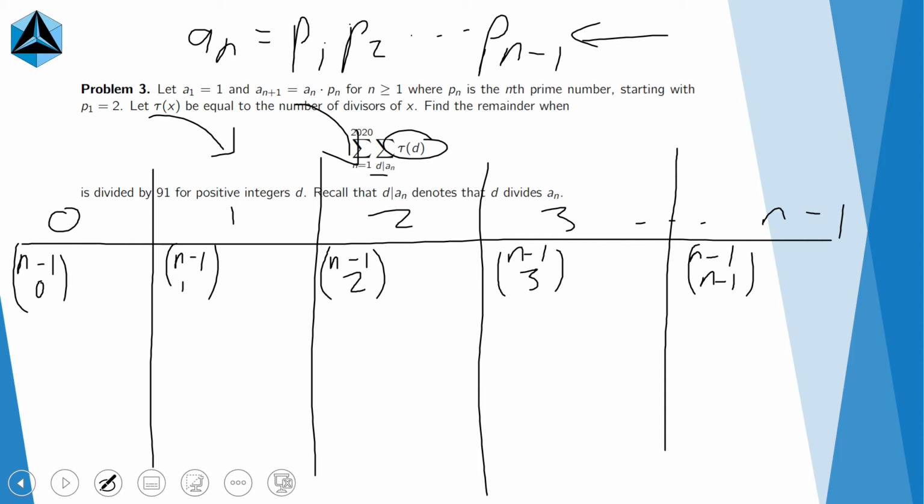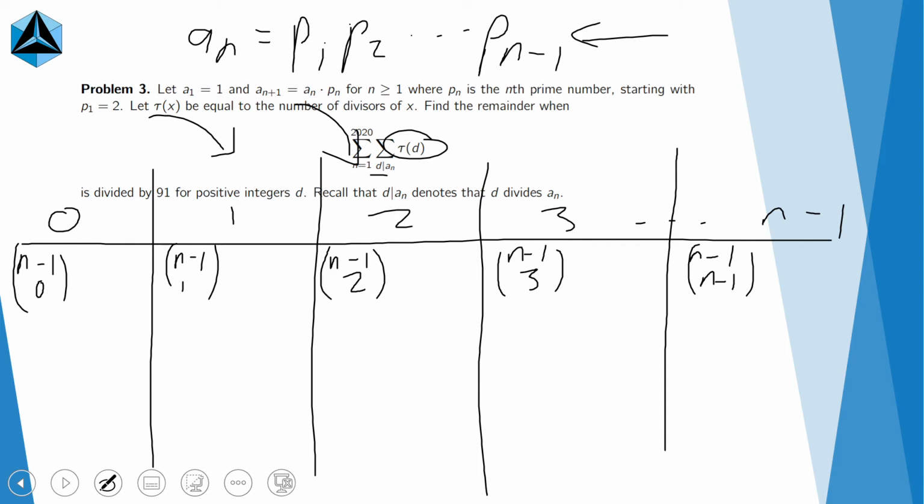Now that we've evaluated the number of elements in each group, we can try to find tau of d for each group. We'll see here why we strategically divided up the groups like this, because tau of d is the same in each group.